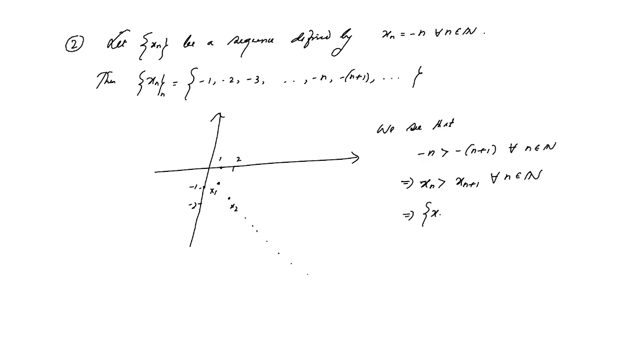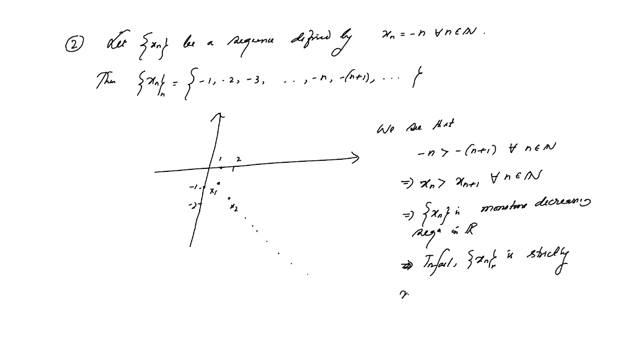And hence we can conclude xn is a monotone decreasing sequence in R. In fact, we can say the sequence xn is a strictly monotone decreasing sequence in R.